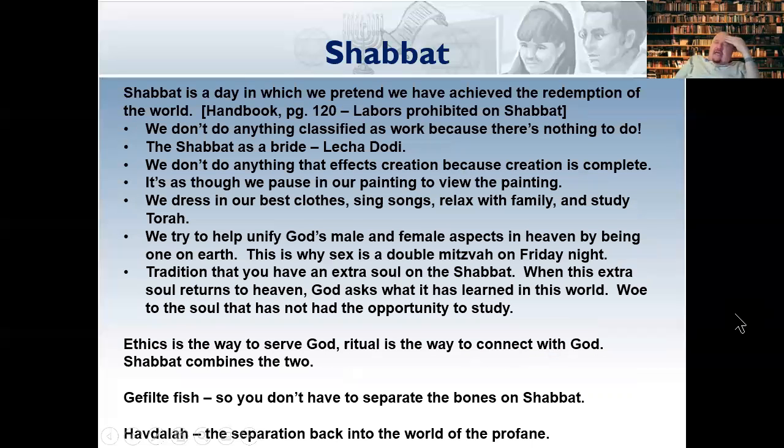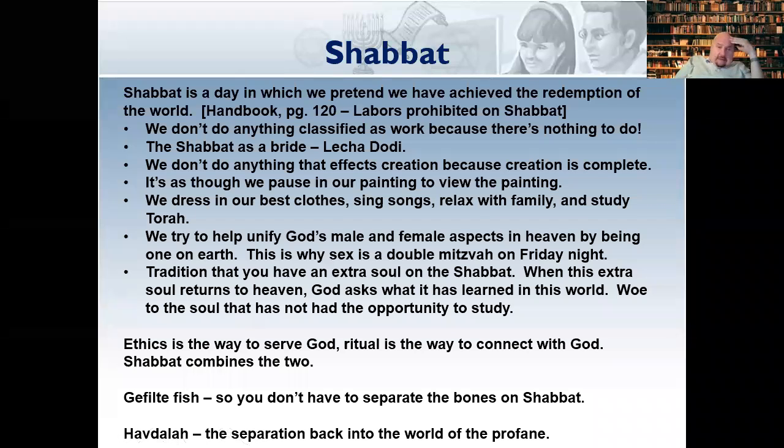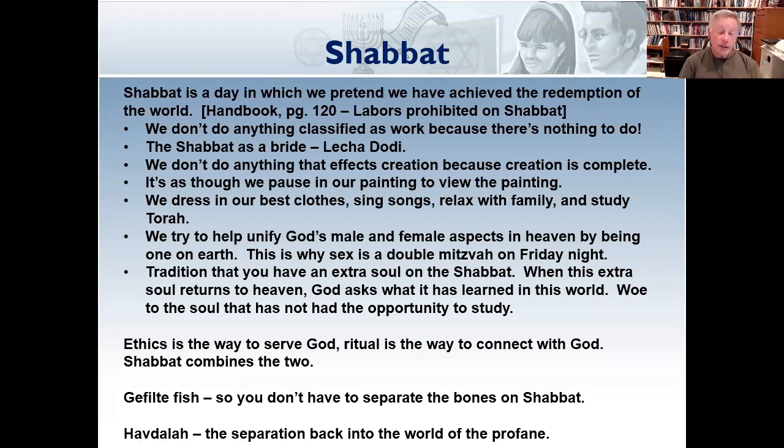Question. Could you give us a Jewish definition for holy? Yes, actually, I will give it for the Hebrew word kodesh. Kodesh refers to the concept of a separate relationship. In fact, another name for marriage is kiddushin, which means holiness, but it's really talking about the unique relationship between the two people getting married.